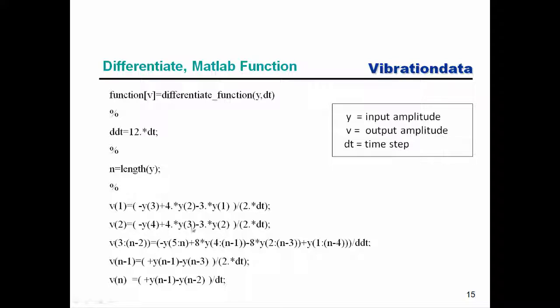And then for the second velocity point, then for the intermediate velocities, we have a more complicated formula here. And then for the next to last velocity and for the last velocity. So this is how to do a differentiation using kind of a higher order numerical approximation. And this tends to work fairly well for vibration signals.